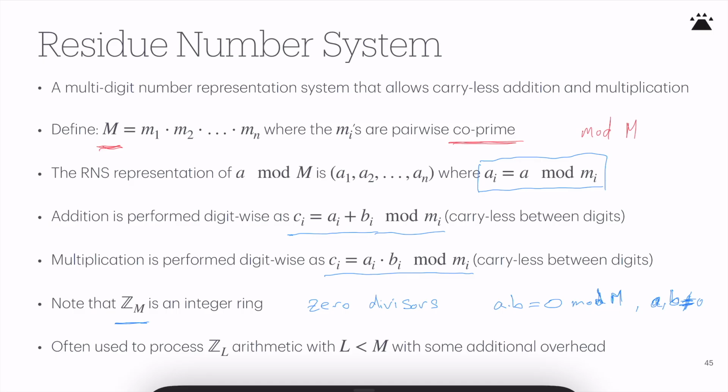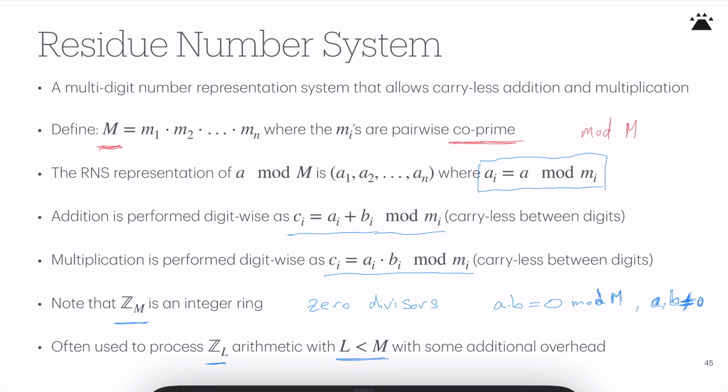Okay, it is possible to use RNS to represent numbers within another ring or perhaps even a field, Z_L, such that L is less than M. You can do this with RNS, but you would need to add a little bit more to this basic representation.